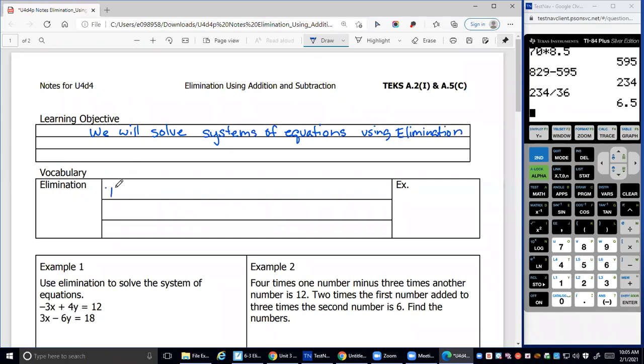That is the use of addition or subtraction to eliminate one variable and solve a system.